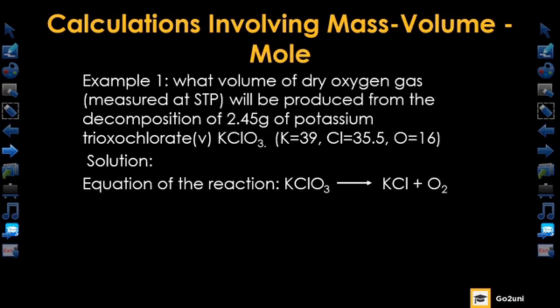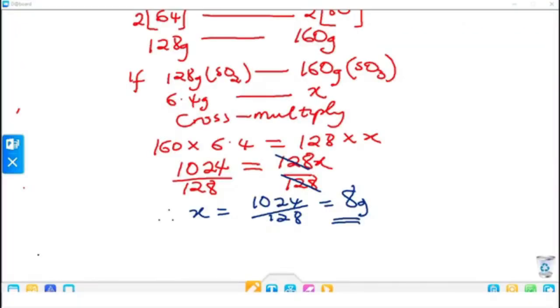So look at the subtopic, calculations involving mass, volume, and mole. It means we are going to be interchanging between mole, mass, and volume. That is actually what we are to do here. So looking at that, let us proceed.